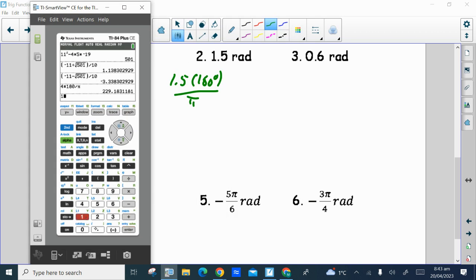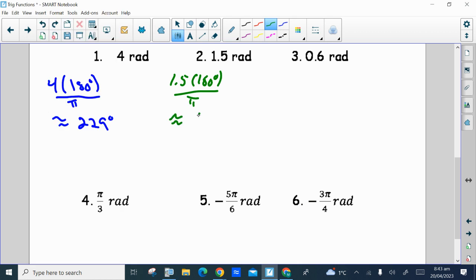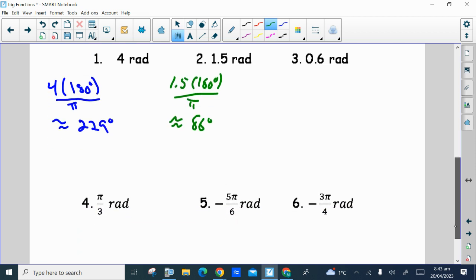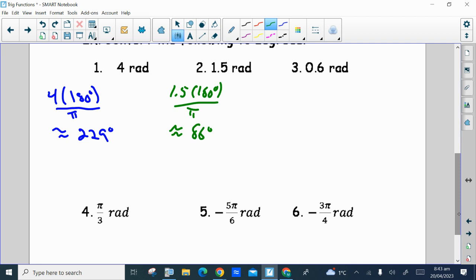So 1.5 radians will be 1.5 times 180, which will be 270 divided by pi, .9 or approximately 86 degrees. It didn't tell us what to round to, so we'll just round to the nearest degree.